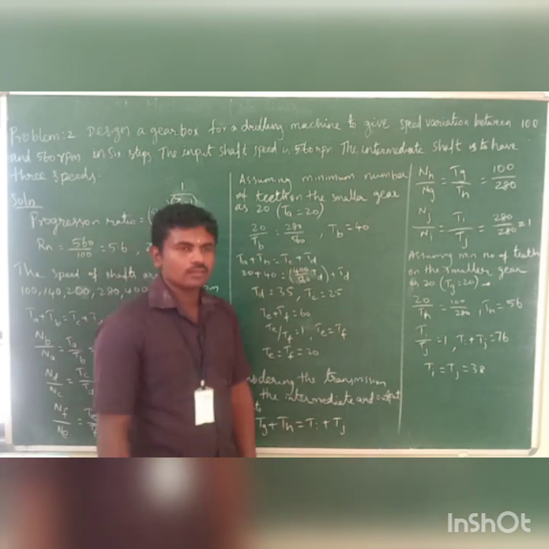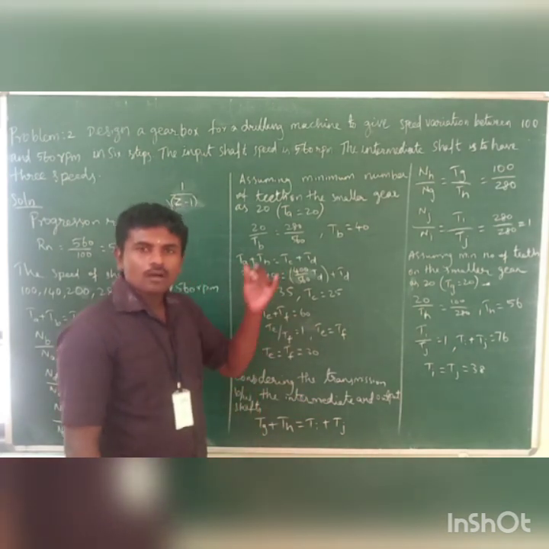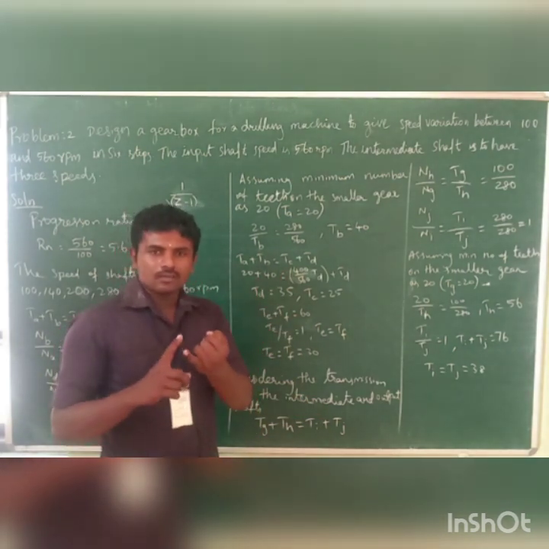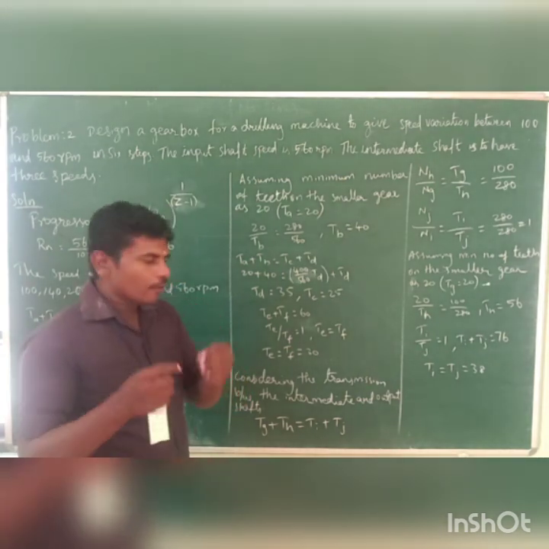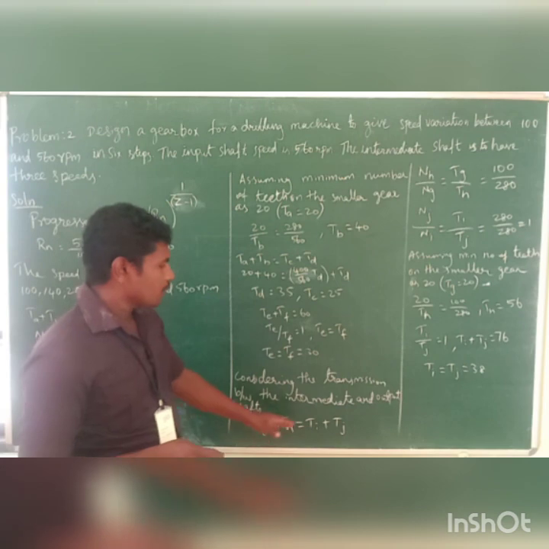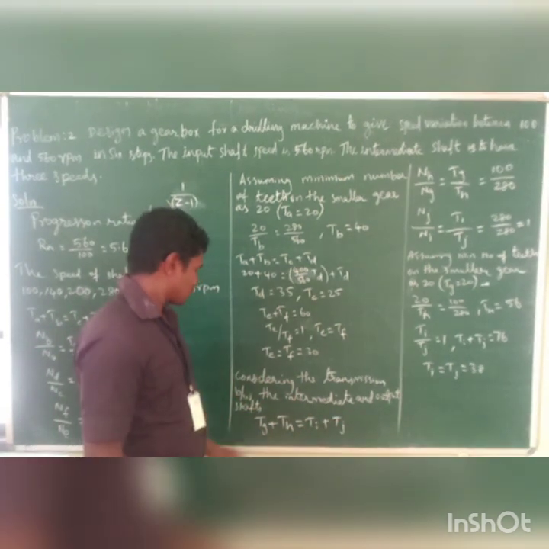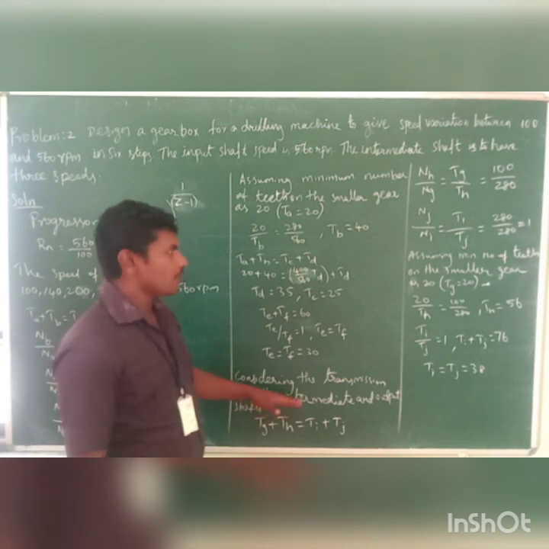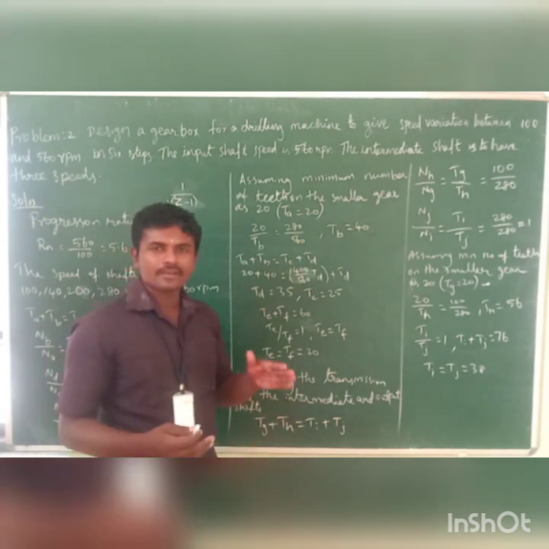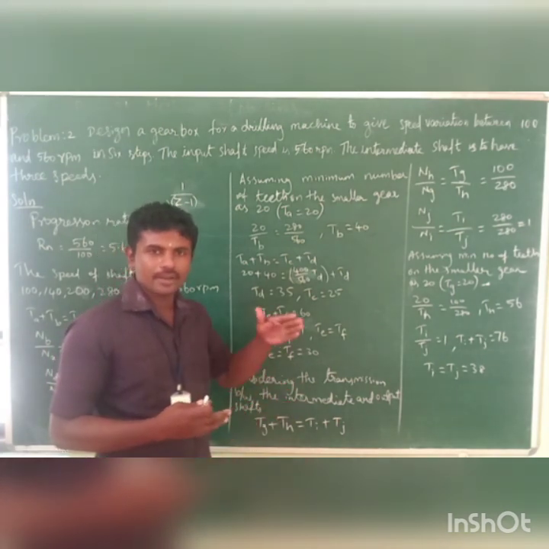After finding the number of teeth for A, B, C, D, E, F, we need to find the number of teeth of the intermediate gears.